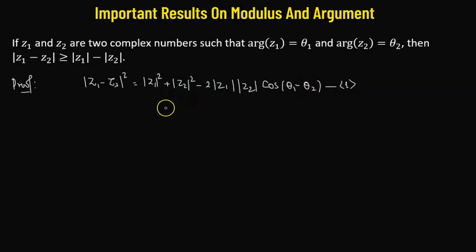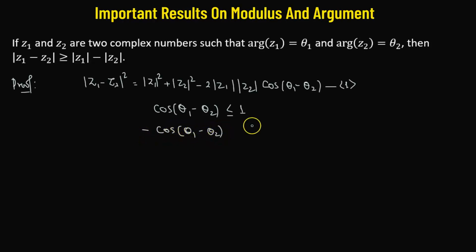So here we're going to use the fact that cosine of theta 1 minus theta 2, this value is less than or equal to +1. So what we're going to do, we're going to multiply both sides with -1. So that makes us negative cosine of theta 1 minus theta 2.